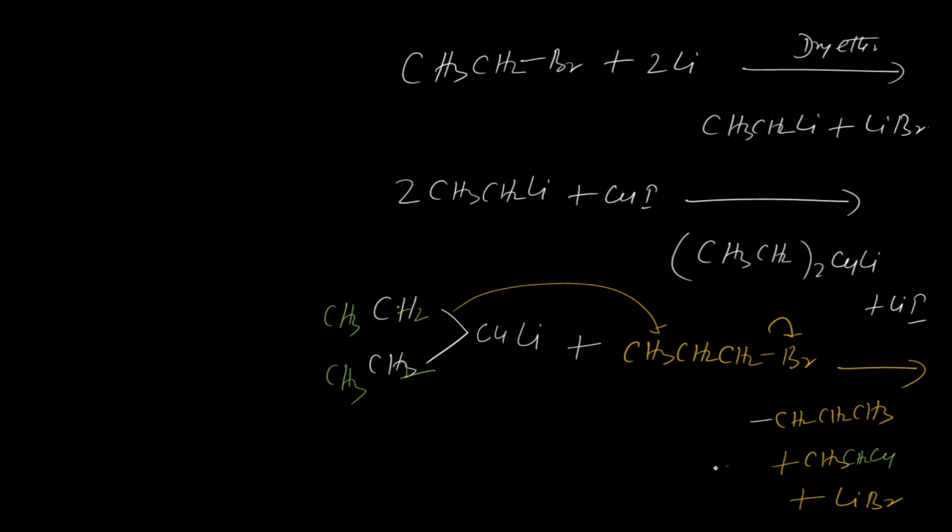It will not be butane, it will be pentane, because it's CH3CH2 and this 3 carbon is over here. So 1 2 3 4 5 is pentane. So pentane is normal pentane. You got it? So this is the mechanism of Corey-House reaction.